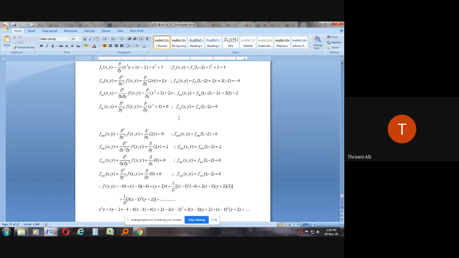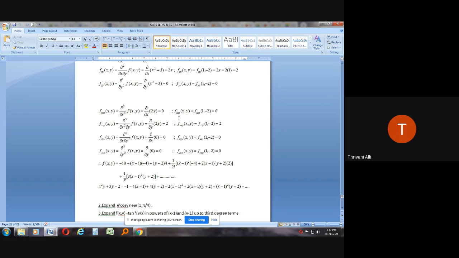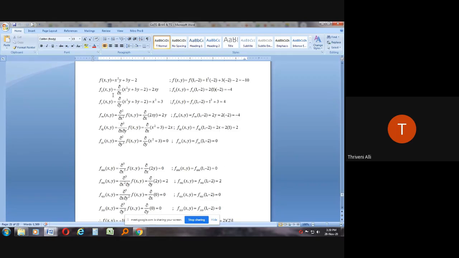One main point is, fx means we have to differentiate with respect to x, and fy is dou by dou y, and fxx is two times partial differentiation with respect to x, and fxy means already we have done dou f by dou y, so for that function we again apply dou by dou x, that is fxy.